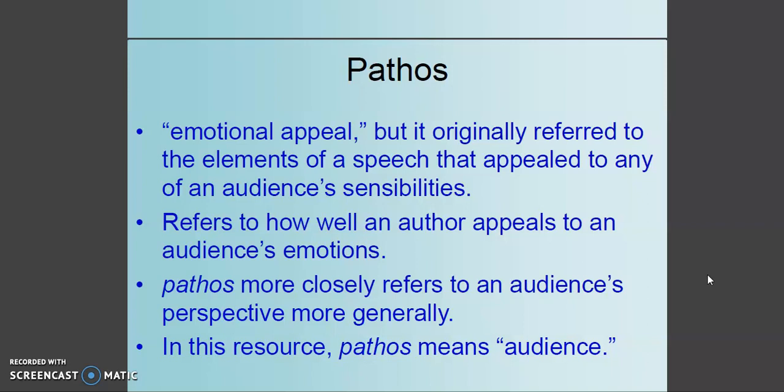Red is actually connected to the idea that if you see red, you're more likely to be hungry. So oftentimes colors are used to appeal to those emotions that make us hungry, especially if the advertisers are advertising food.